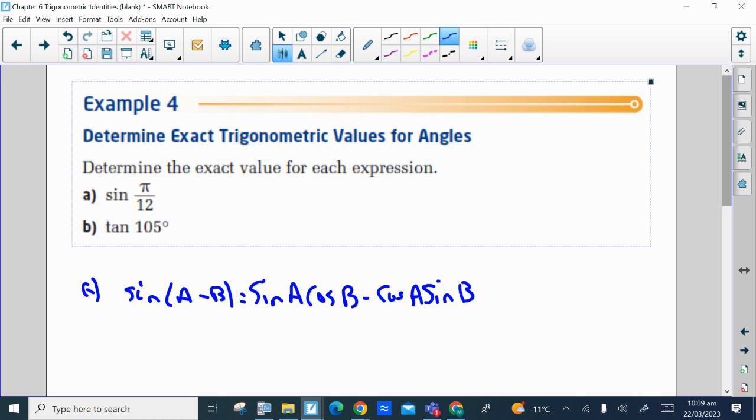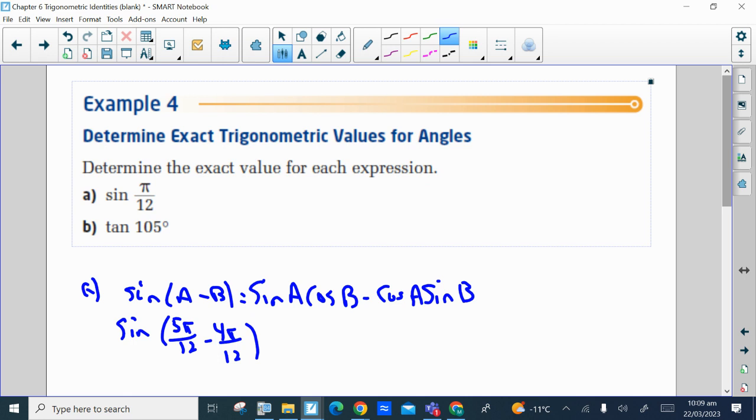For example, and you don't have to write this part down, but let's say we tried to use 5 pi on 12 minus 4 pi on 12. So they do subtract to get pi on 12. However, that first angle is not on the unit circle. 4 pi on 12 is, though, because that reduces to pi on 3.